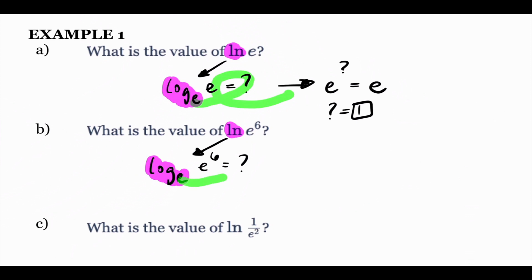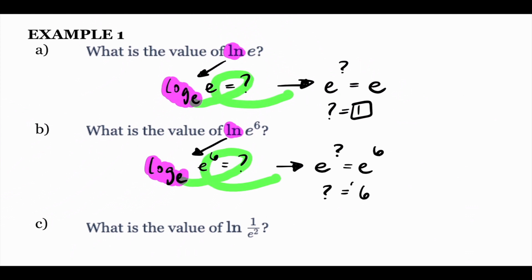So base of e, question mark, e to the 6th. In other words, e to what power equals e to the 6th? What power needs to go there to make them true? 6. So the value is 6.